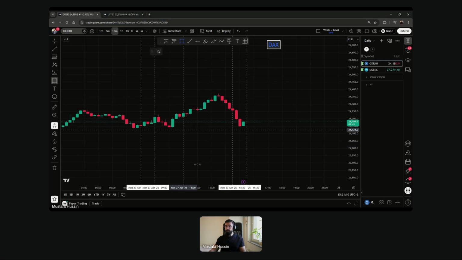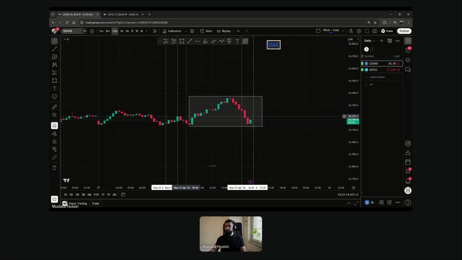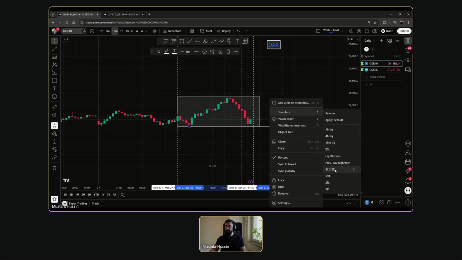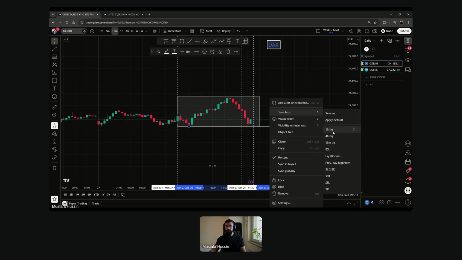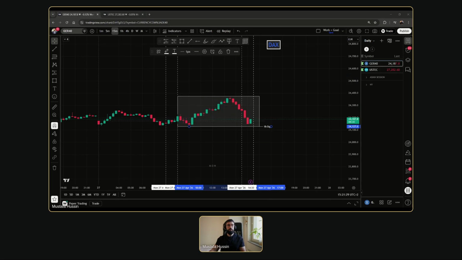The market might continue bullish right here on the DAX. Looking at the overnight range, and this sell side liquidity might be taken out. So 1 hour liquidity.